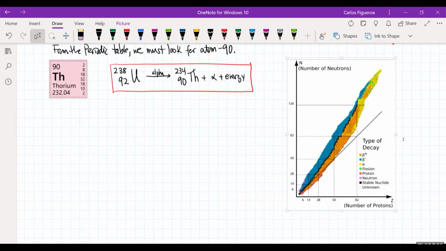Look, uranium is 92. So I'm going to guess that uranium 92 is going to be somewhere about right here. I'm just going to guess because this isn't scaled. So this is uranium.